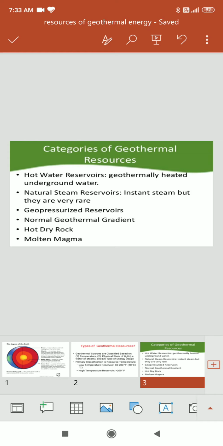Natural steam reservoirs give instant steam, but they are very rare. Instant steam, so no need to use extra heat to convert the water into steam. It is already available in nature itself as steam. If you observe here, this is a high temperature range. Next, geopressurized reservoirs, normal geothermal gradient, hot dry rock, molten magma.